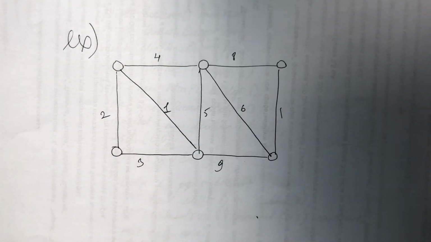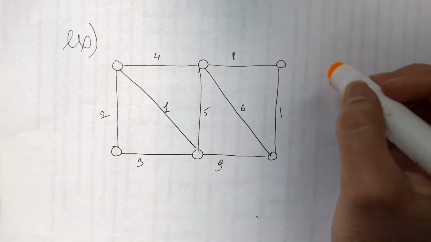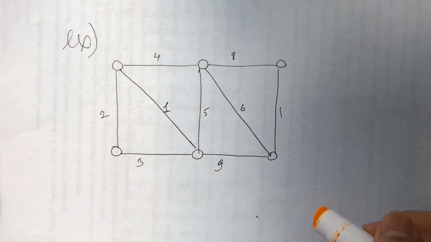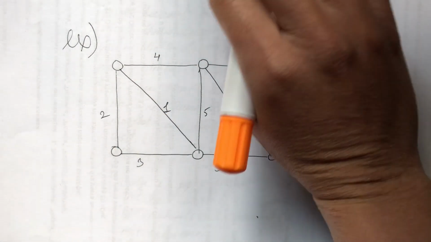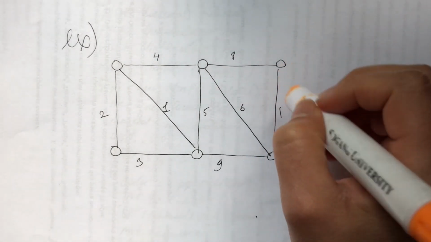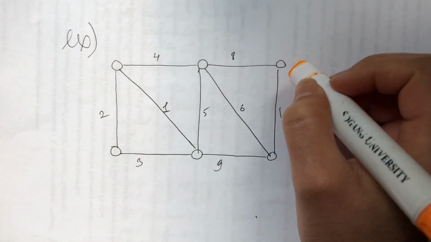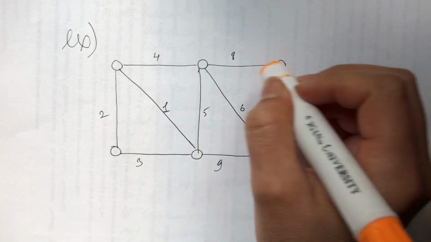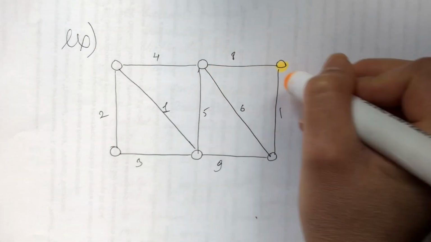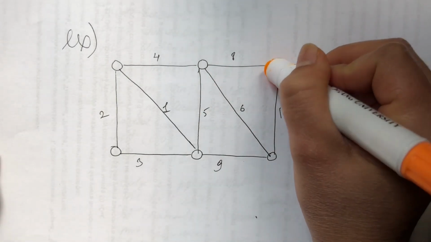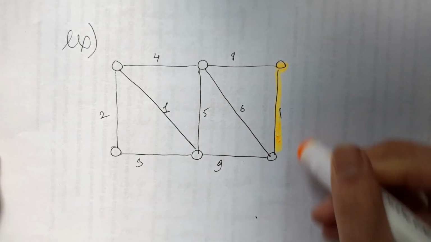In this example, we have an undirected graph, and let's consider we start from this vertex and look at which edges lie at this vertex. In our case it's 1 and 8, and we choose the 1, of course, because it's less than 8.